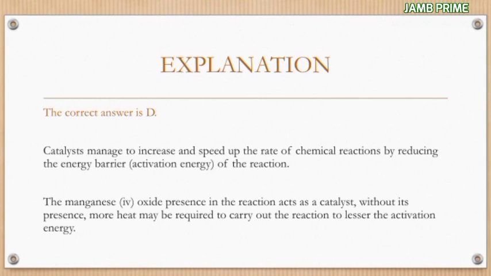So a catalyst helps to speed up the rate of reaction by reducing the activation energy, or the energy barrier, of the reaction. The manganese(IV) oxide present in that reaction acts as the catalyst. Without it, more heat may be required to carry out the reaction.